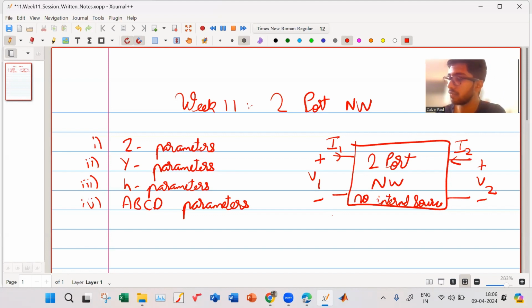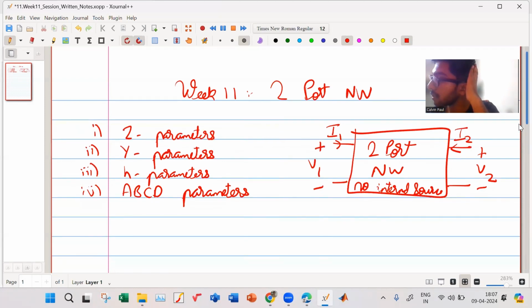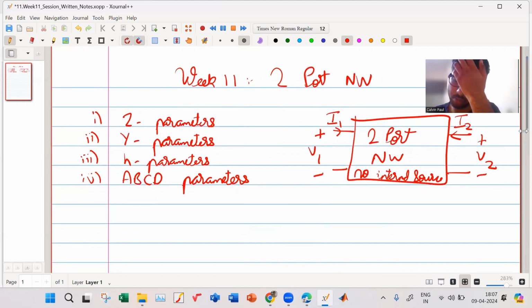There will be no internal source, we will consider it. And these are the various parameters which are used to represent a two-port network. We will consider the symmetrical property, a symmetrical network.